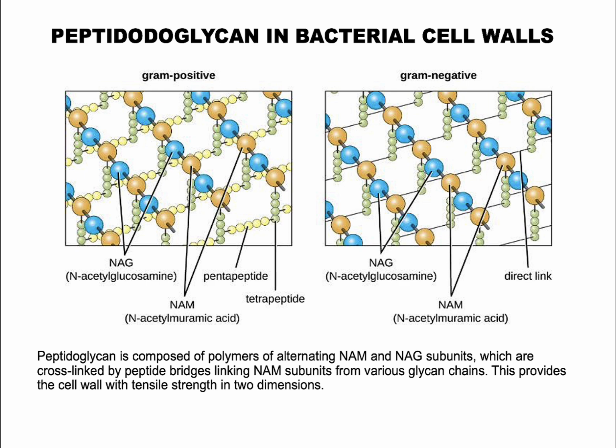These long chains provide significant two-dimensional tensile strength due to the formation of peptide bridges linking NAG and NAM within each layer of peptidoglycan. In gram-negative bacteria, tetrapeptide chains that originate from each NAM unit are directly cross-linked, while in gram-positive bacteria, these chains are connected by pentaglycine cross-bridges. Peptidoglycan subunits are synthesized inside the bacterial cell, then exported and assembled in layers, which contributes to the overall shape of the cell.